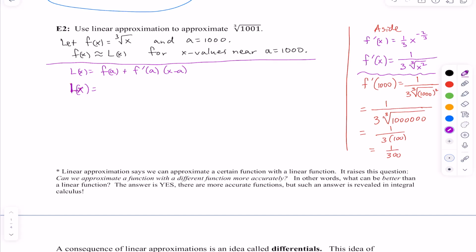The cube root of 1000 is simply going to be 10, but I'll write it for now.